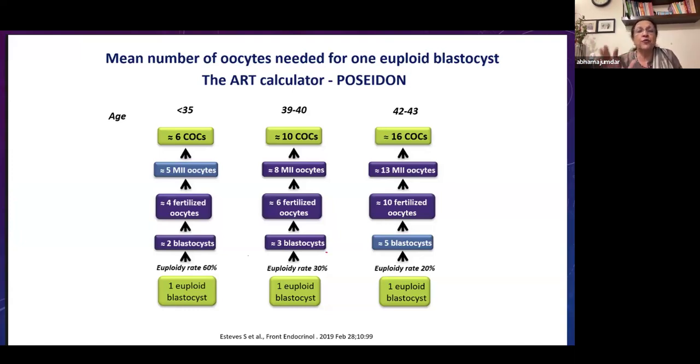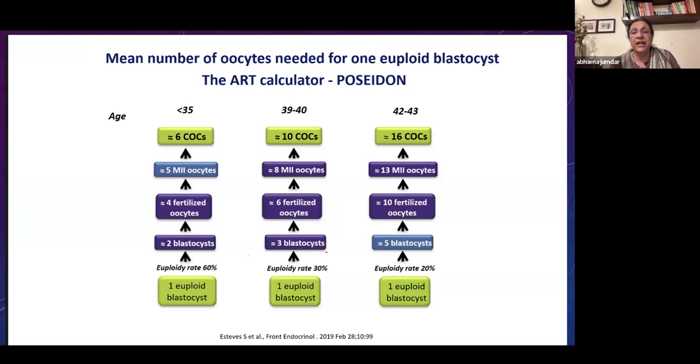Between 39 to 40, I mean, up to 40, you need 10 COCs because euploidy rate drops to half, that is 30%. And once a woman is more than 42 years old, then you need at least 16 COCs to generate one blastocyst. And this is when fertilization rate is adequate.